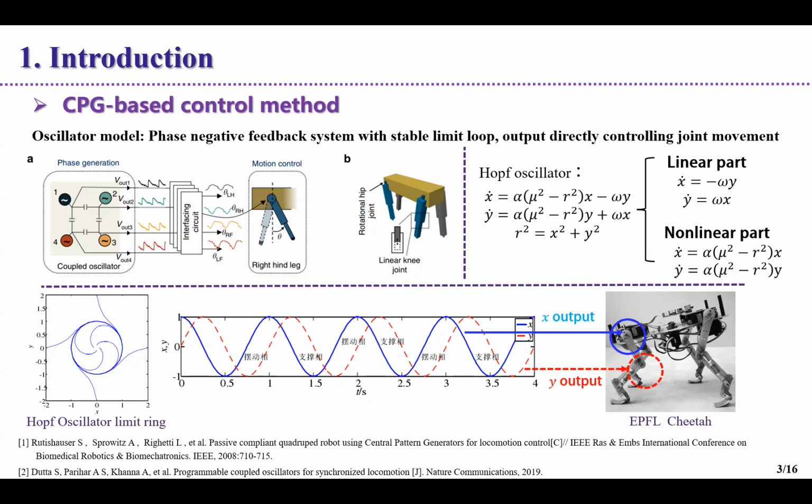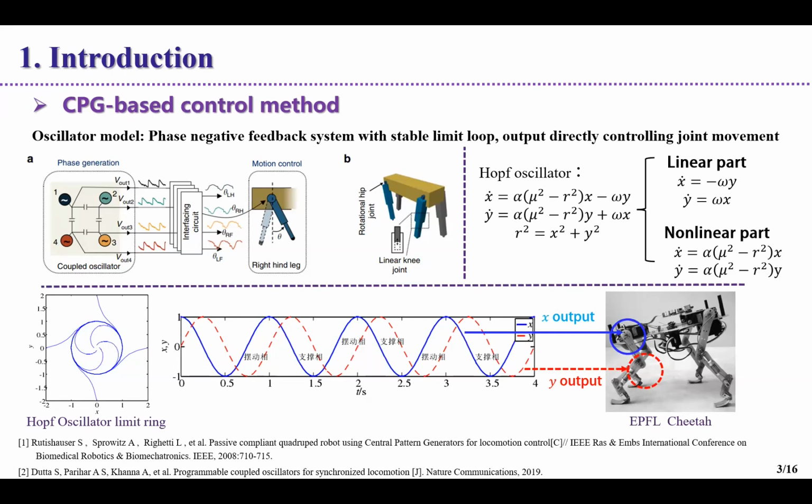The Hopf oscillator is a representative of such models. It outputs two signals and forms a circular limit cycle in a phase plane, where any point in the phase plane converges to the limit cycle after a short transition time.